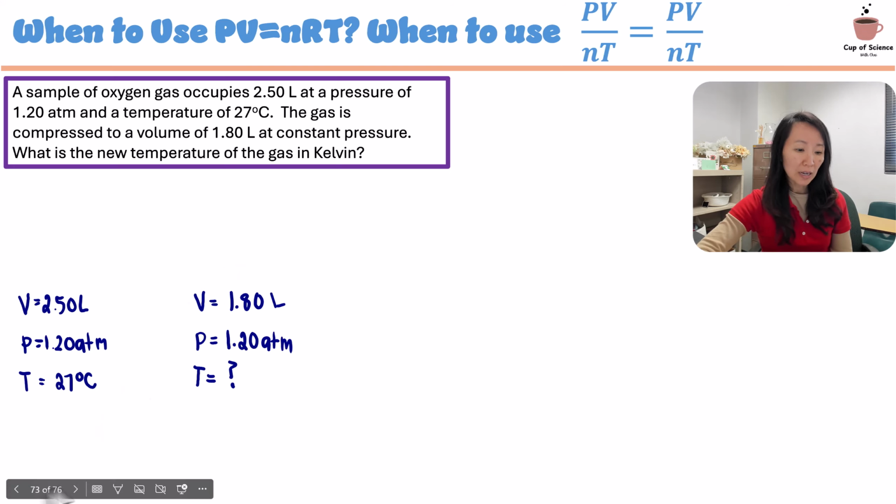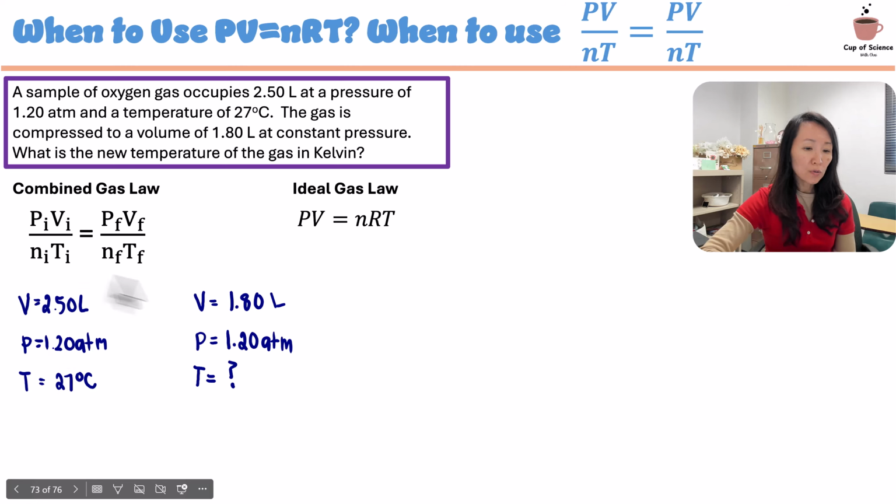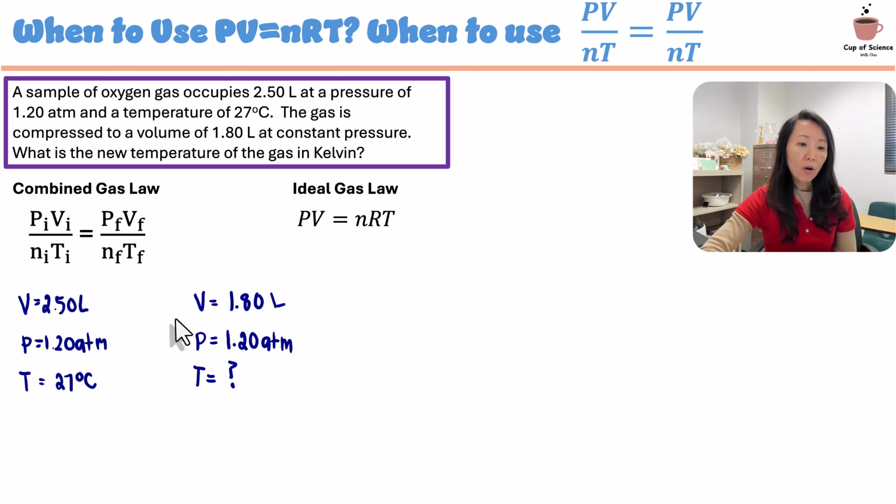So the question again is, should we use the combined gas law or the ideal gas law? If you look, there are two volumes, already showing that there's an initial and a final. There's an initial point and a second point.